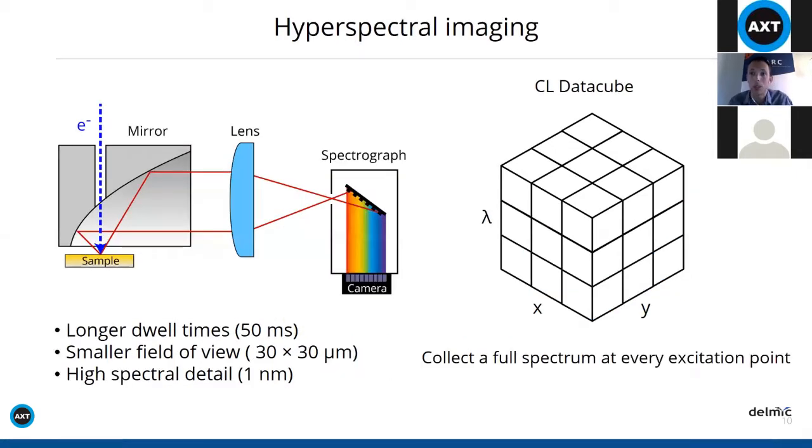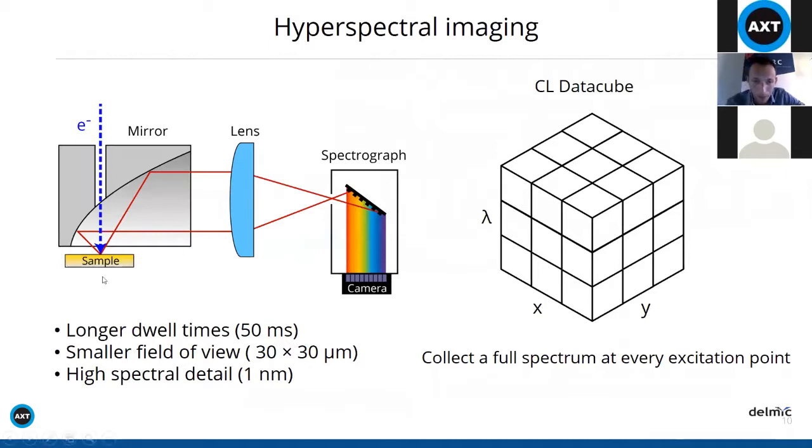Then complementary to that, you have hyperspectral imaging. In that case, the light is directed towards a spectrograph in which you have a diffraction grating, and the diffraction grating decomposes the incoming cathodoluminescence into different colors and projects that onto a pixelated camera array.